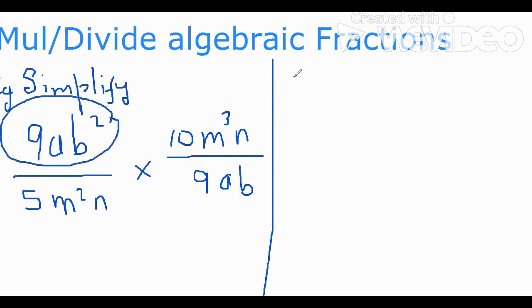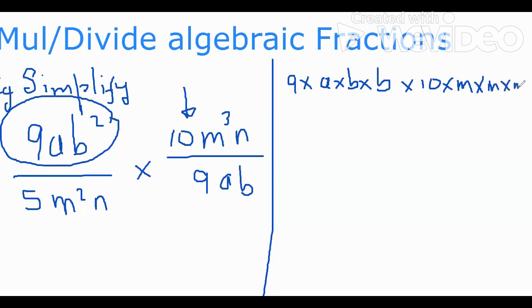So I have 9 times A, times B times B, since B squared means B times B, multiplied by 10. Multiplied by M times another M, multiplied by 1N.